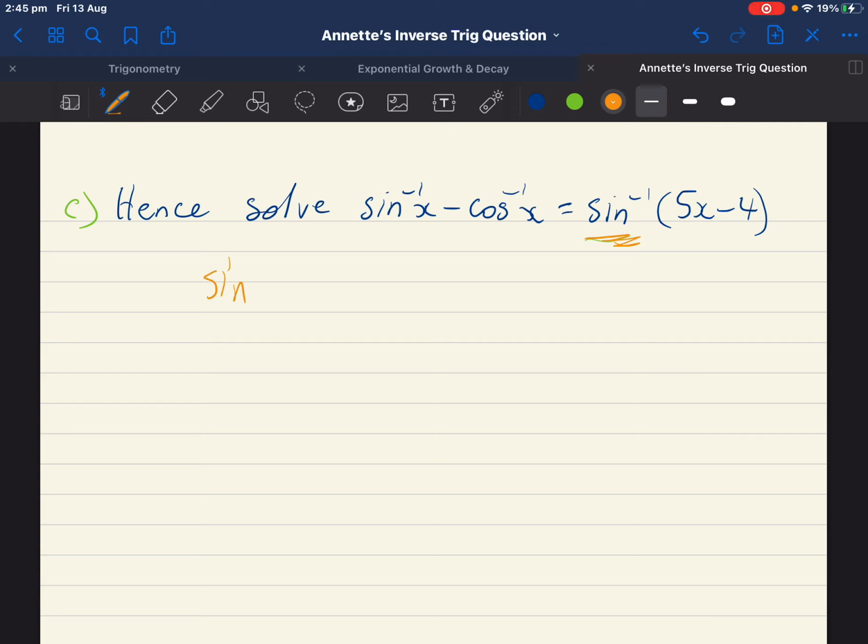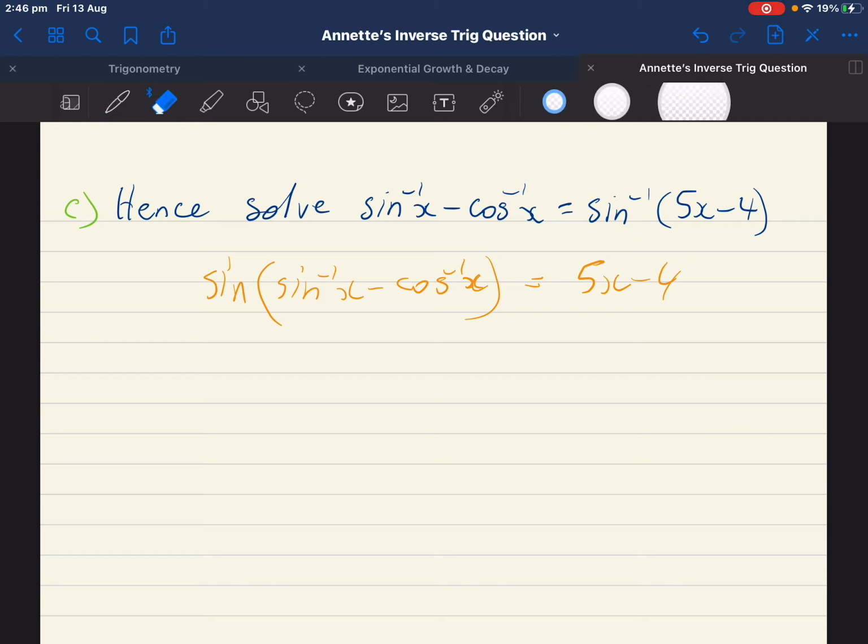Or you could sine both sides, and the sine and the inverse sine would cancel on the right, and leave you with the sine of inverse sine x minus inverse cos x is equal to 5x minus 4. But from my memory, I think most of you preferred the concept of just moving the inverse sine to the other side where it becomes the opposite. In other words, just a normal sine.